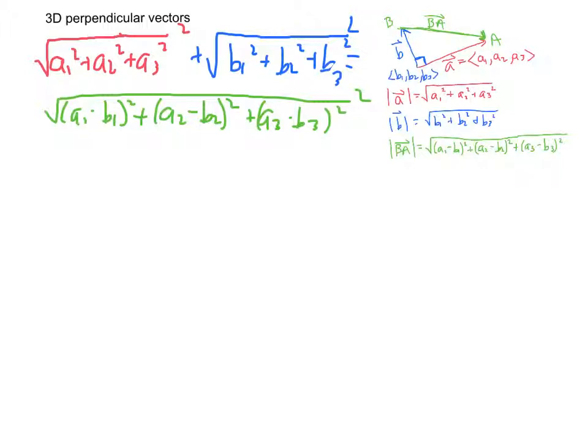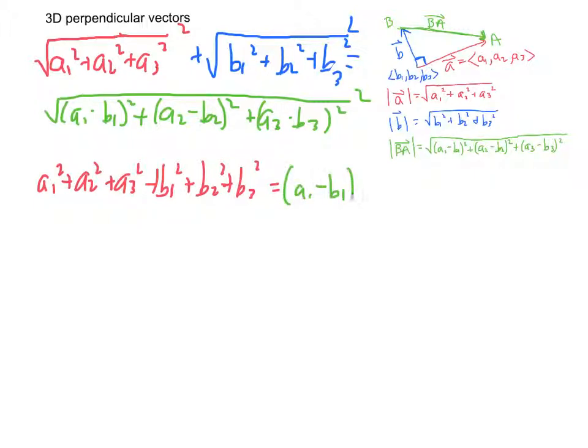And then when we square the square roots, they end up canceling out. So just like we had on our 2D vector, we have A1 squared plus A2 squared plus A3 squared plus B1 squared plus B2 squared plus B3 squared equals this green stuff, A1 minus B1 squared plus A2 minus B2 squared plus A3 minus B3 squared.